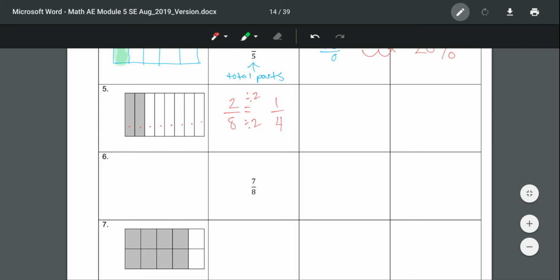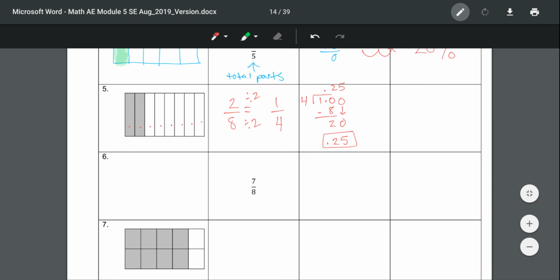So now you want to convert the fraction into a decimal, so divide 1 by 4. 4 doesn't go into 1 evenly, so you add a decimal point, add a 0. 4 goes into 10 twice. 2 times 4 is 8. Your remainder is 2. Add another 0, bring it down. 4 goes into 20 5 times. So that means that 1/4 is 0.25.